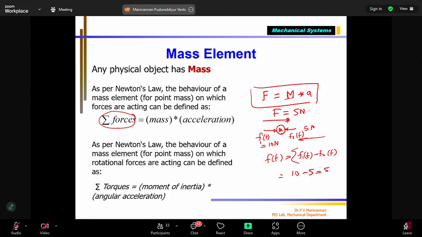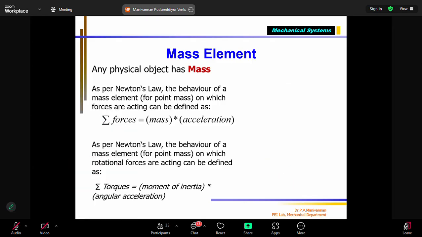This should be equal to mass into acceleration of the object. Because of the force, the object is accelerating from left to right. That acceleration multiplied by the mass of the object should be equal to the resultant force. That's what Newton's law is saying.